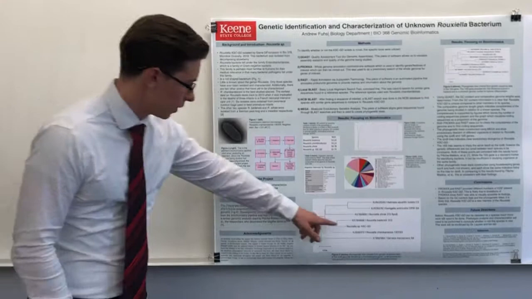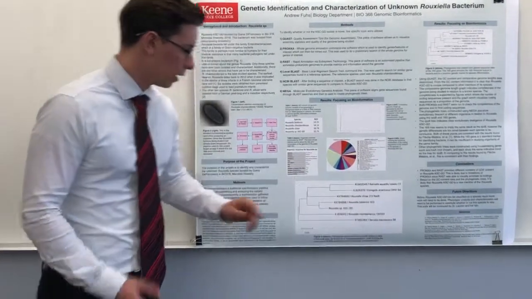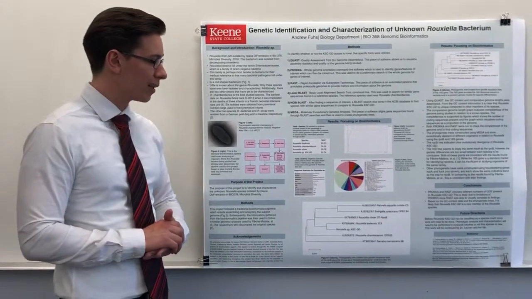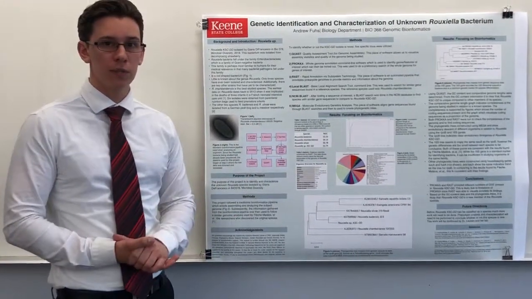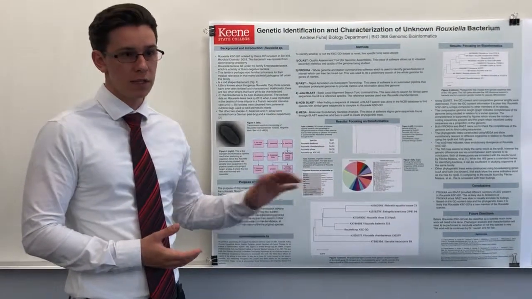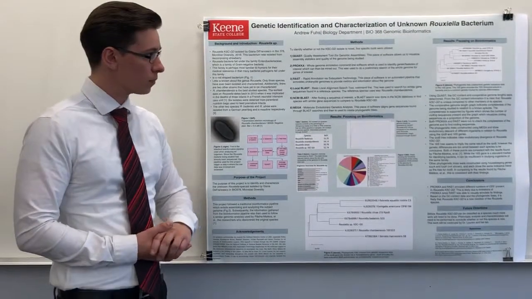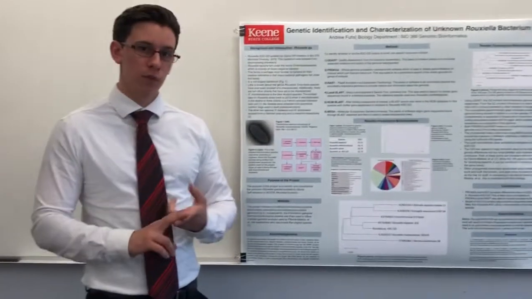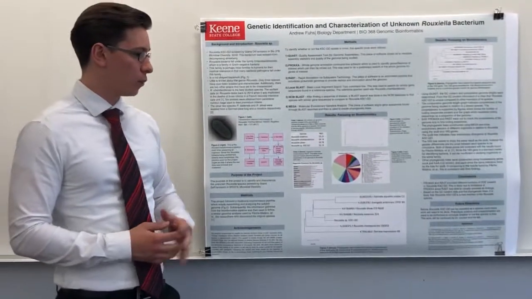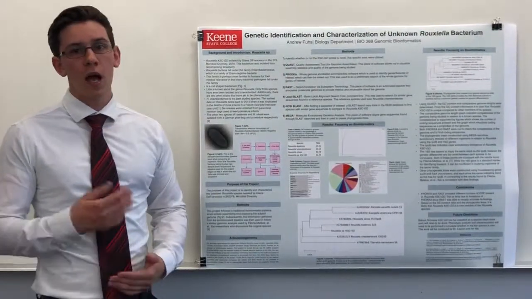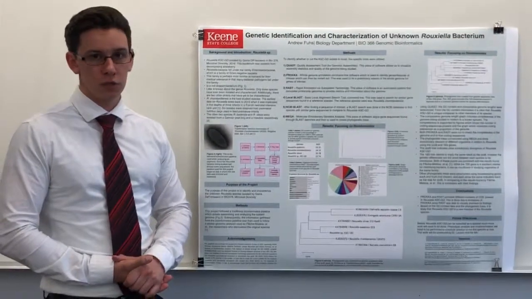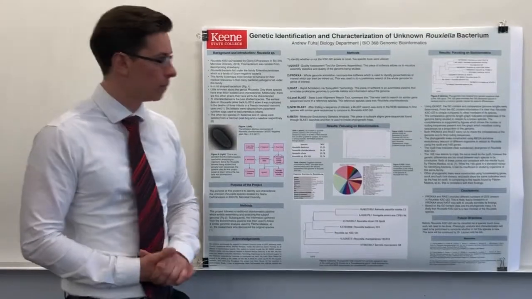So as you can see right here, our Rouxiella is different based off the rpoB gene in comparison to other bacteria inside the Enterobacteriaceae family. We did this for two other genes, the sucA and the fusA gene, which those results are not shown here. However, they gave a very similar phylogenetic tree to this one here.